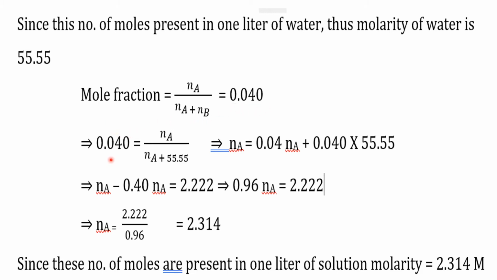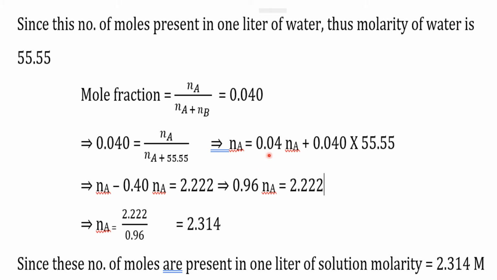Now mole fraction equals Na by Na plus Nb, equal to 0.04. So here the mole fraction is 0.04, equal to Na by Na plus the number of moles of water, which is 55.55. This gives Na equals 0.04 Na plus 0.04 into 55.55.